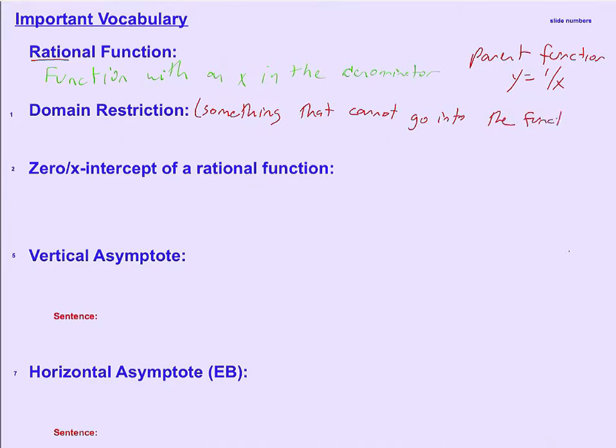In this case, and this is something you know about fractions, you cannot divide by 0. So the domain restriction is any 0 of the denominator.